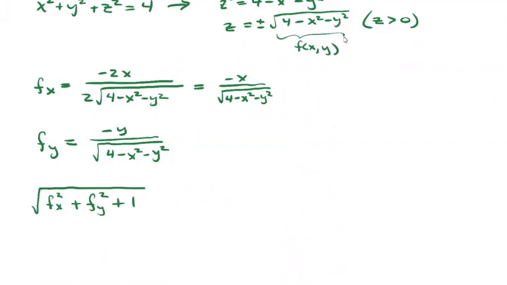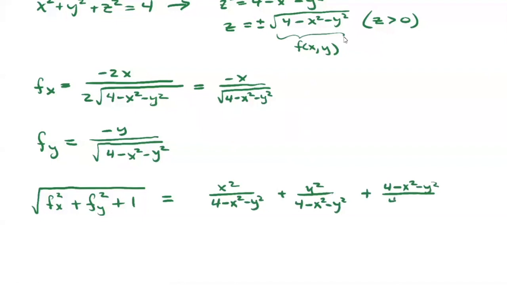Okay, so here goes. I'll do the square root in a sec. So you're going to have x squared over 4 minus x squared minus y squared, plus y squared over 4 minus x squared minus y squared, and then plus 1, which is going to look like 4 minus x squared minus y squared over 4 minus x squared minus y squared.